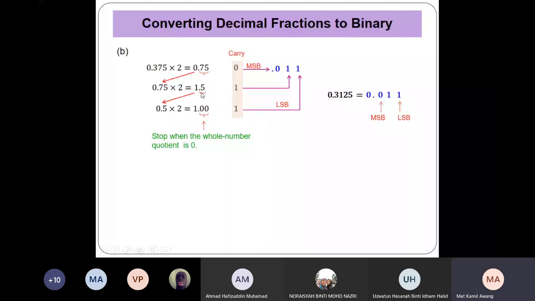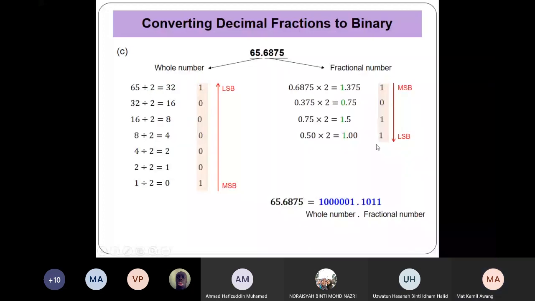So 0.5 times 2 is equal to 1.00. So 1 is the carry, and when you have 0, 0 after the decimal point, then you stop. So therefore, you read from top to bottom, 0, 1, 1. So 0.375 is equal to 0.011 in binary.